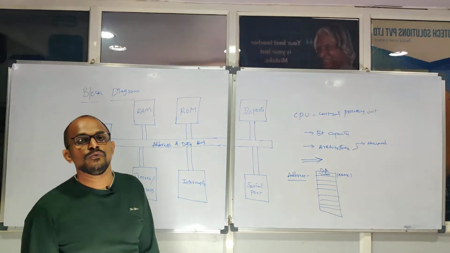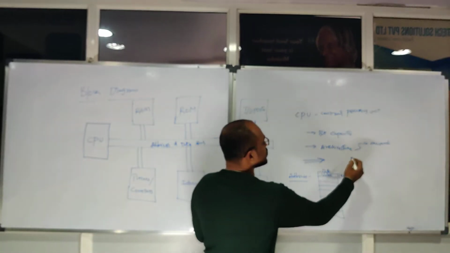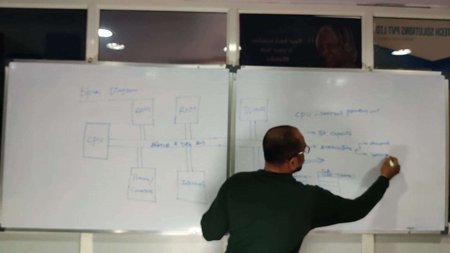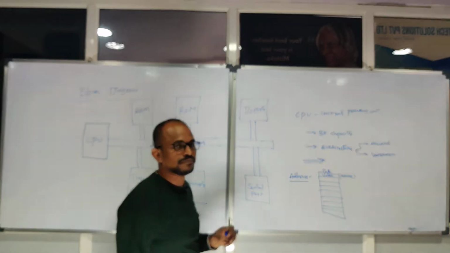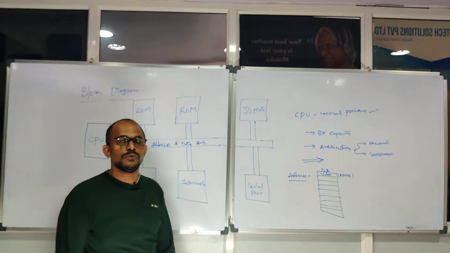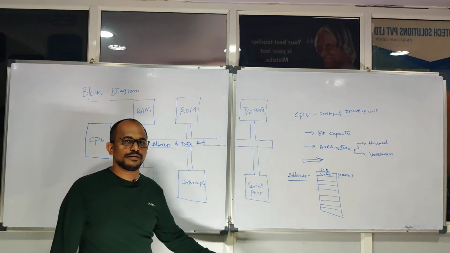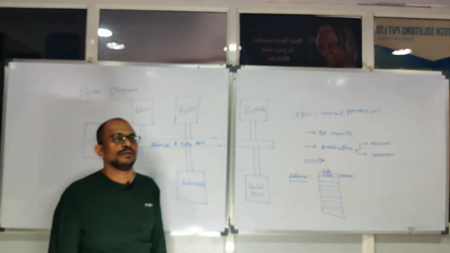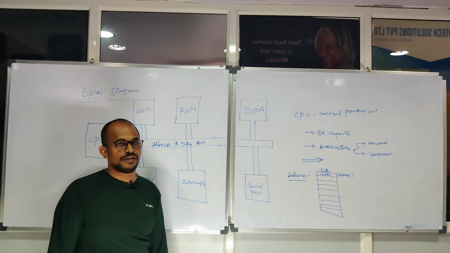And if a CPU maintains the same size of address bus and data bus, this is Von Neumann architecture. In a CPU where the bus sizes are different, this is Harvard architecture, and where the bus sizes are the same, that is Von Neumann architecture.